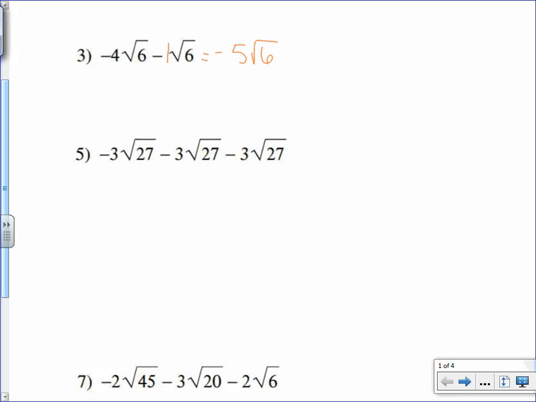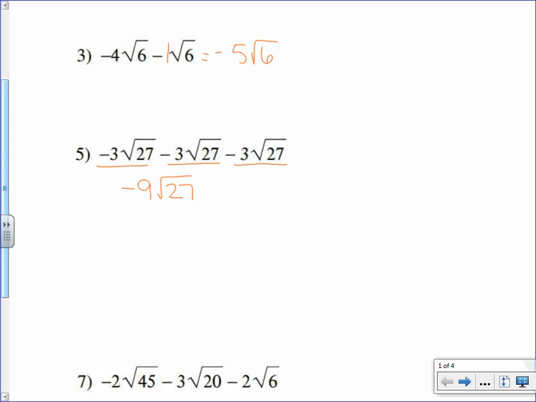For number 5, it's nice because they all have the same radicand. So I've got minus 3, minus another 3, minus another 3. That gives me negative 9 square root of 27. But this is not simplified all the way because 27 can be broken down.